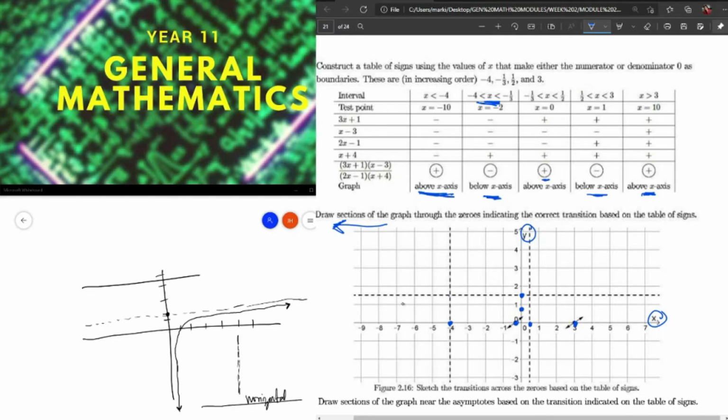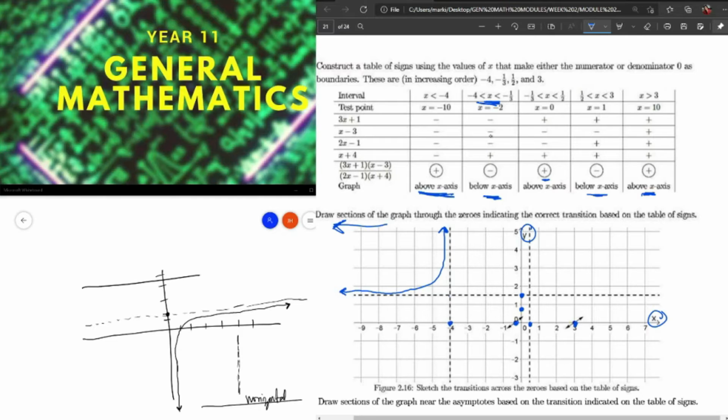We should not touch that line. So above the x-axis, so we have here. We are not going to have a specific exact line, but we are just going to consider the movements or the possible graph of our function.